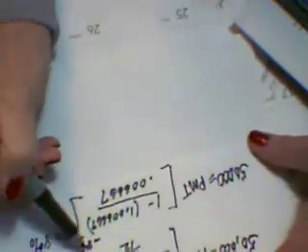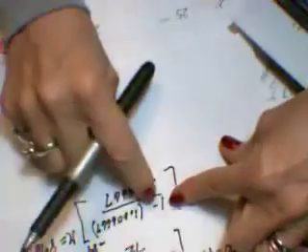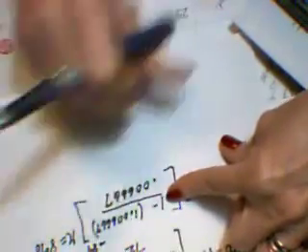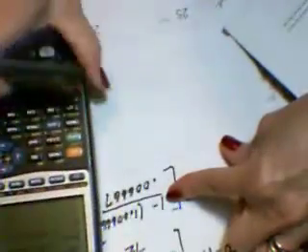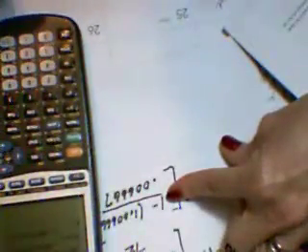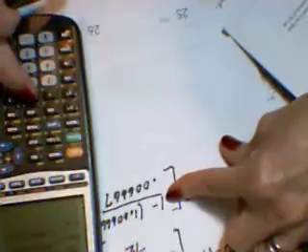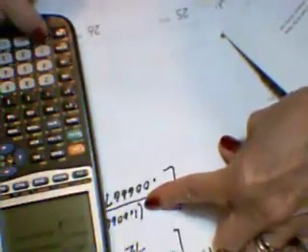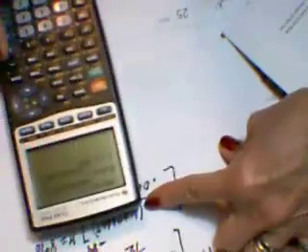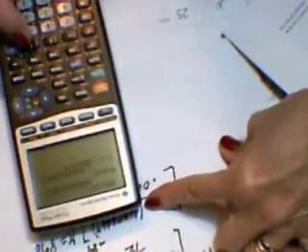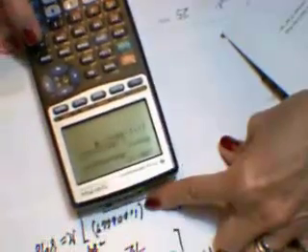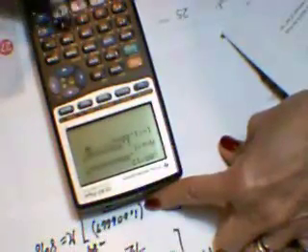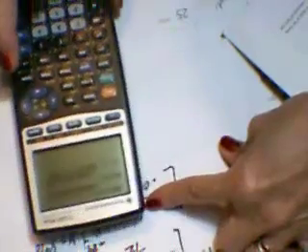Alright, now with your calculator you can type this in as you see it if you're careful. So I'm going to type in 1 minus, and then in parentheses I'll put 1.00667, close my parentheses, raised to the negative 84 power.